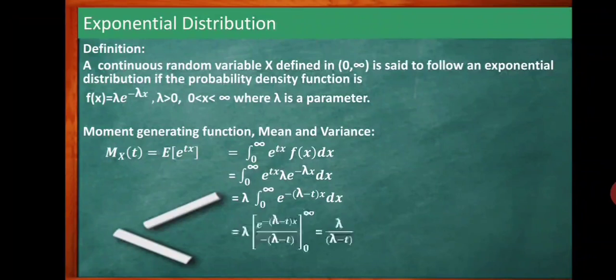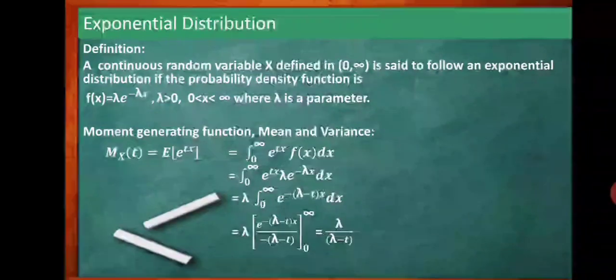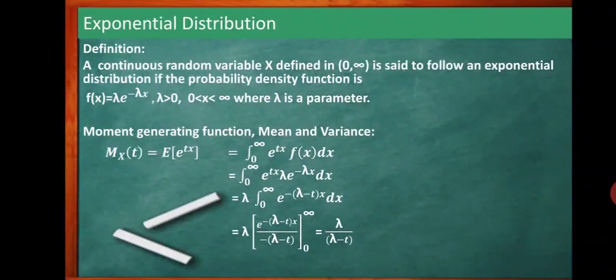We integrate this, so we get the answer lambda into e power minus of lambda minus t into x divided by minus of lambda minus t. Limits are 0 to infinity. First substituting upper limit we get 0 and lower limit we get numerator is 1. So minus of minus, the answer is lambda by lambda minus t. This is called moment generating function value.